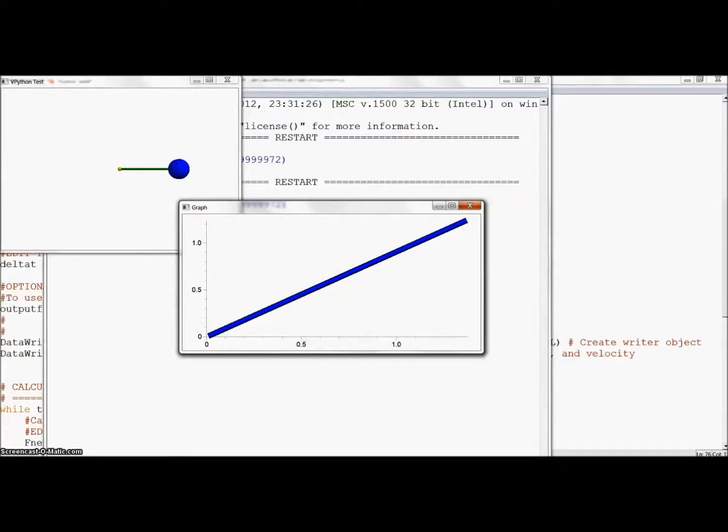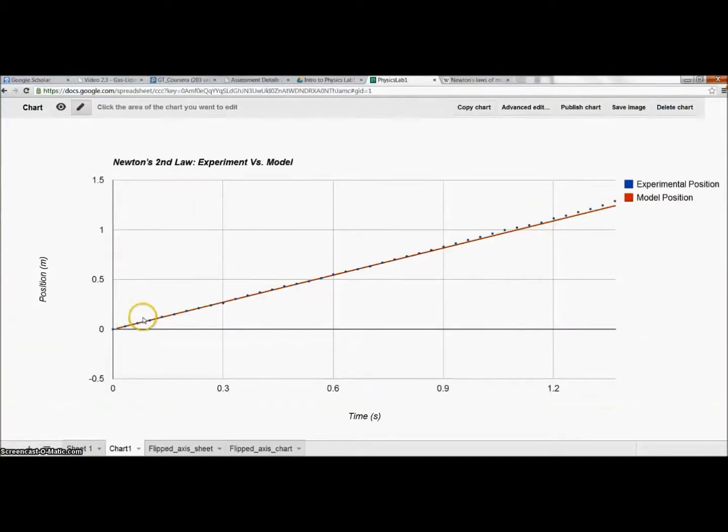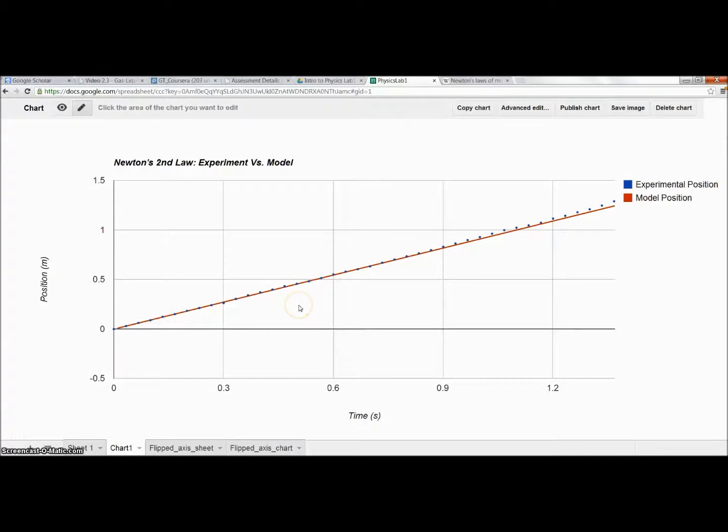Now, plotting the experimental data and the computational results on the Google spreadsheet. Note, the experimental data is represented by blue dots while the model is represented by the red line. We observe that they both have positive slopes. The model agrees with the experimental data to a very high degree of accuracy.